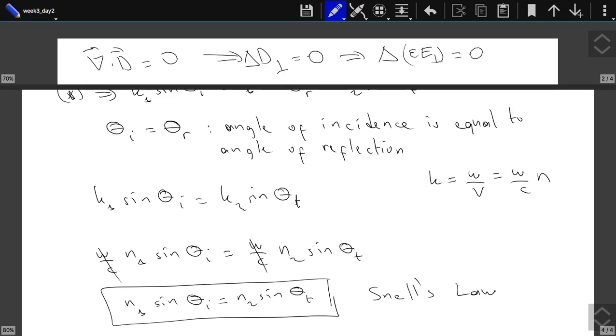Basically, Snell's law is just a consequence of the fact that the boundary conditions should be satisfied at every point on our interface, not just at a particular point, but at every point.